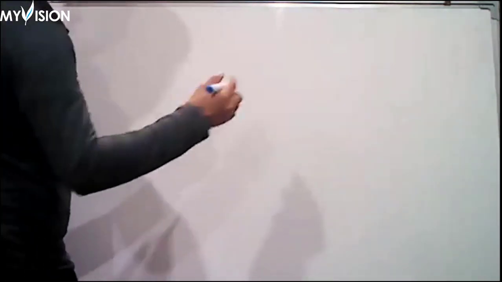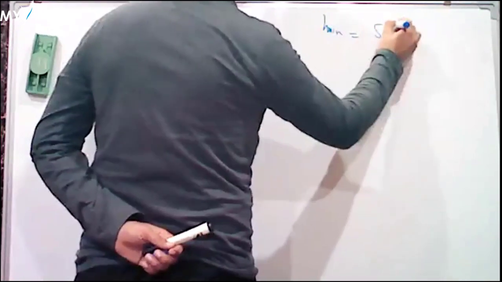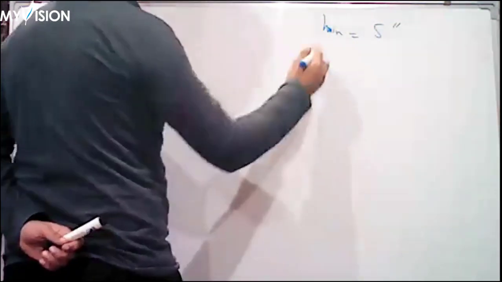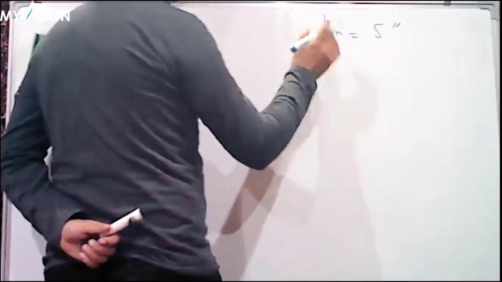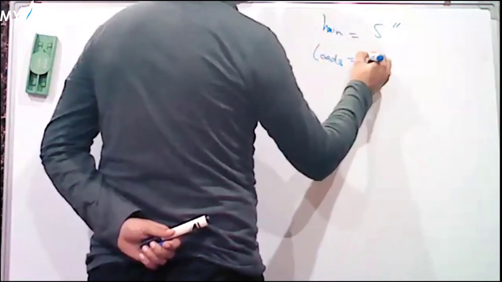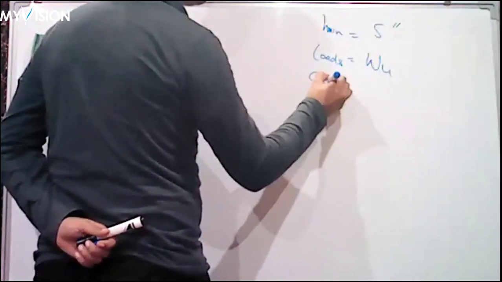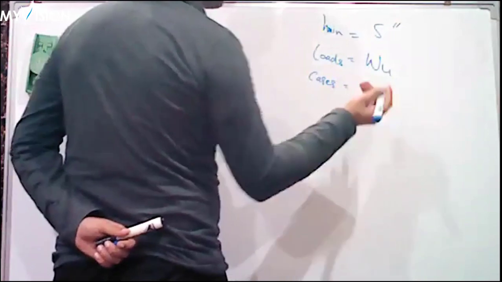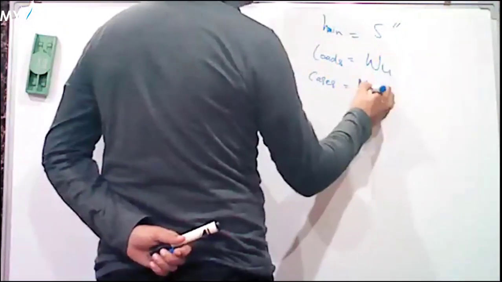When we are designing the slab, you first have to calculate H minimum, which is 5 inch in this case. Then you have to find the loads, means WU, and then decide the case, and after selecting the case, find the M value.